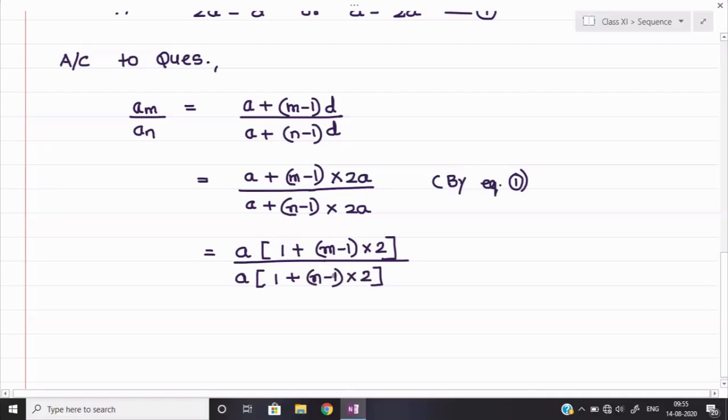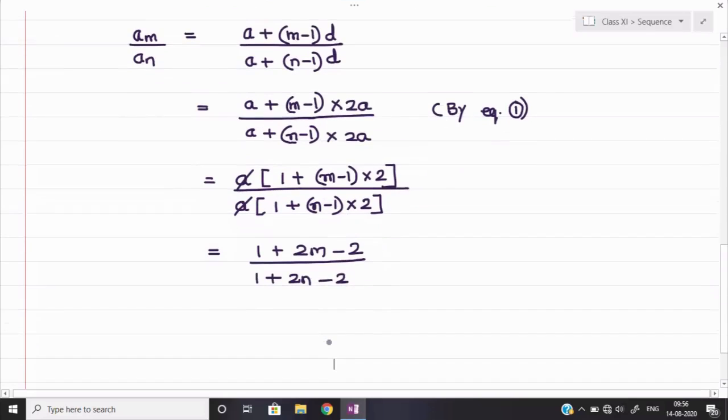Right? Now a and a got cancelled. So remaining is 1 plus, multiplying inside, 2m minus 2, and in the denominator it will be 1 plus 2n minus 2.